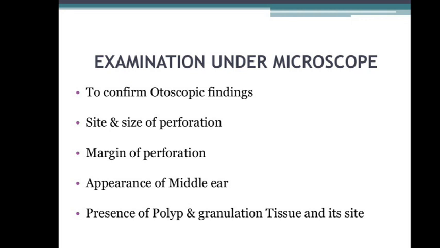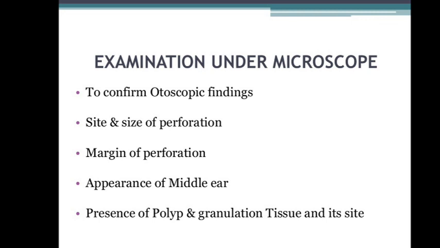Examination under microscope: usually the microscope is kept in the minor OT or in your operation theatre. So sometimes in some patients, apart from examination under a bull's eye lamp and examination with an otoscope, stage 3 is examination under a proper microscope.